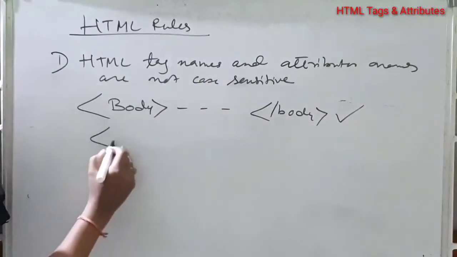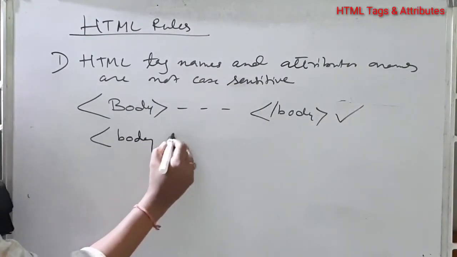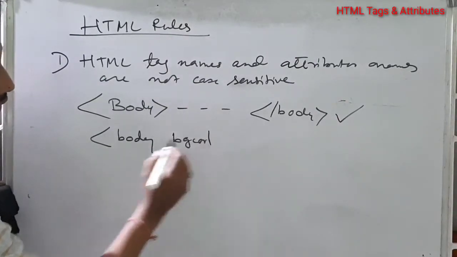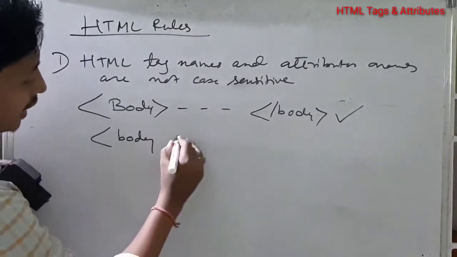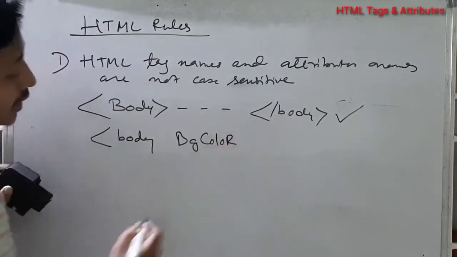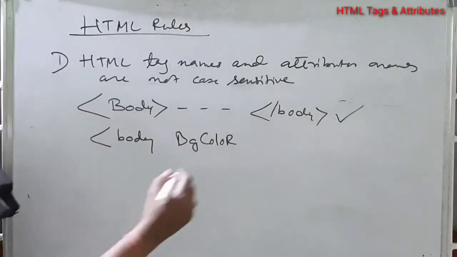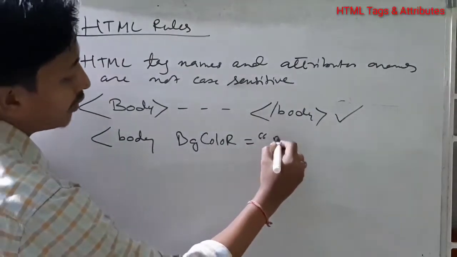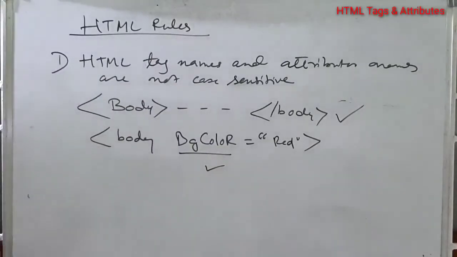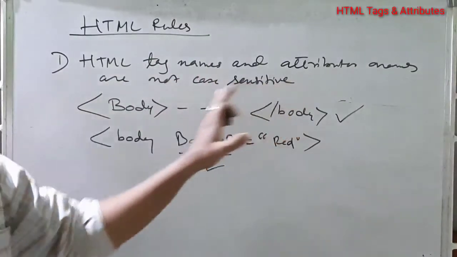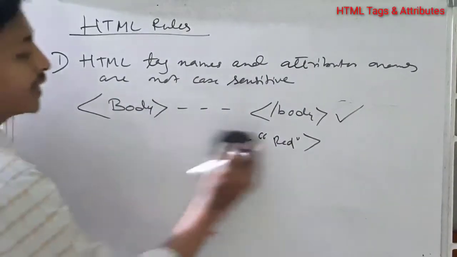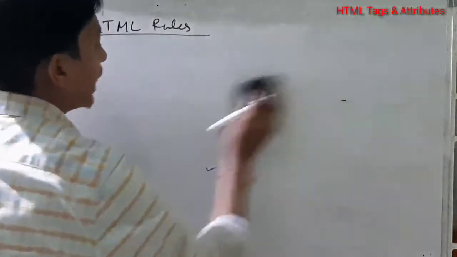And for attribute names, say body, BGCOLOR, you can write it in this way too. This is also correct, because HTML tag names and attribute names are not case sensitive. This is the first rule. Okay. Second rule is what?